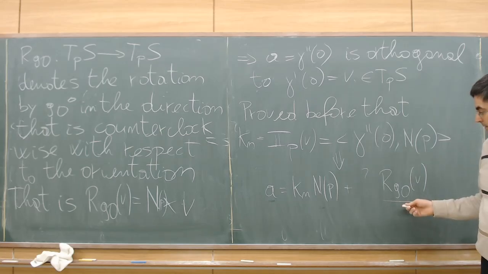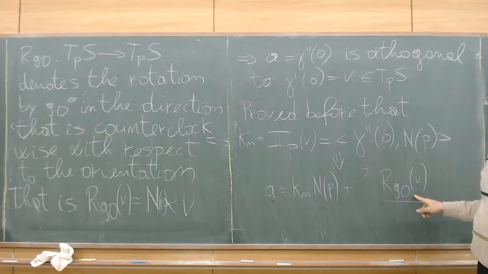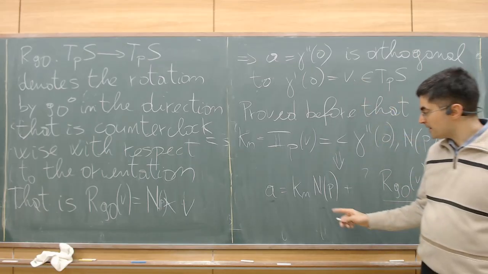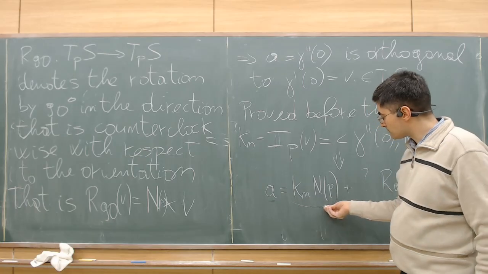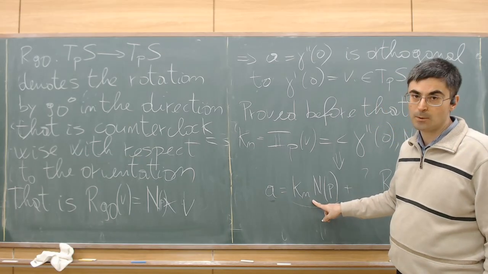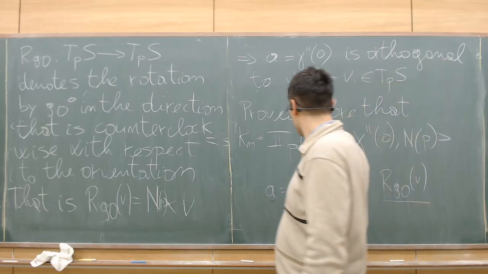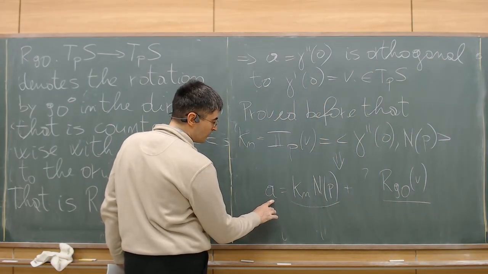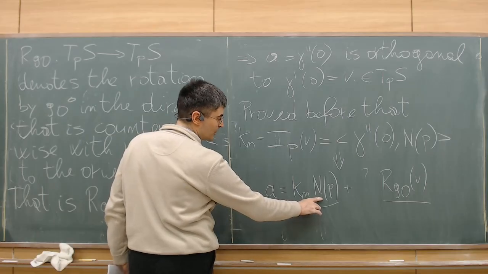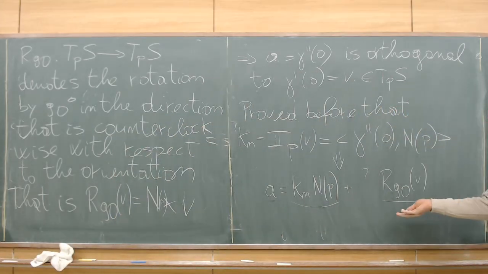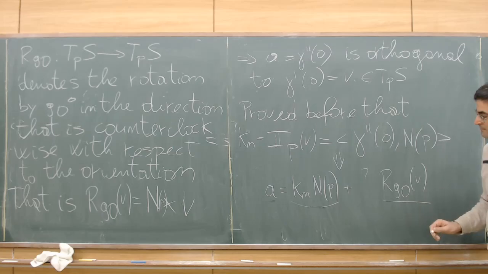And the reason why I chose this vector is that I need a vector which is orthogonal to V. And this term here is not enough because this is just the normal component of A in the direction of n of P, but in general there would be some other component.